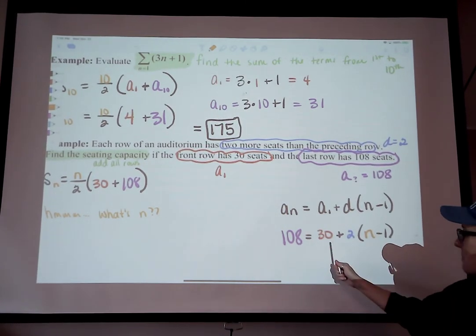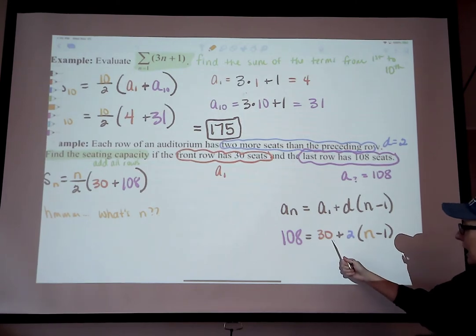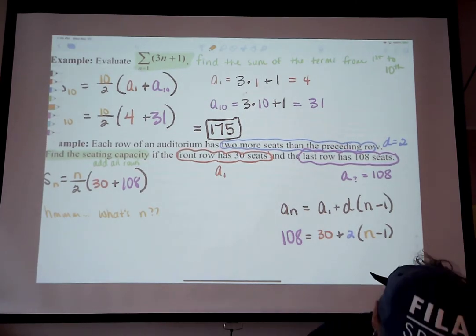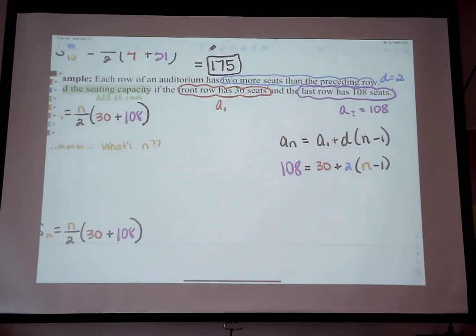So, do the math. You can distribute. You can collect terms. You can subtract 28.